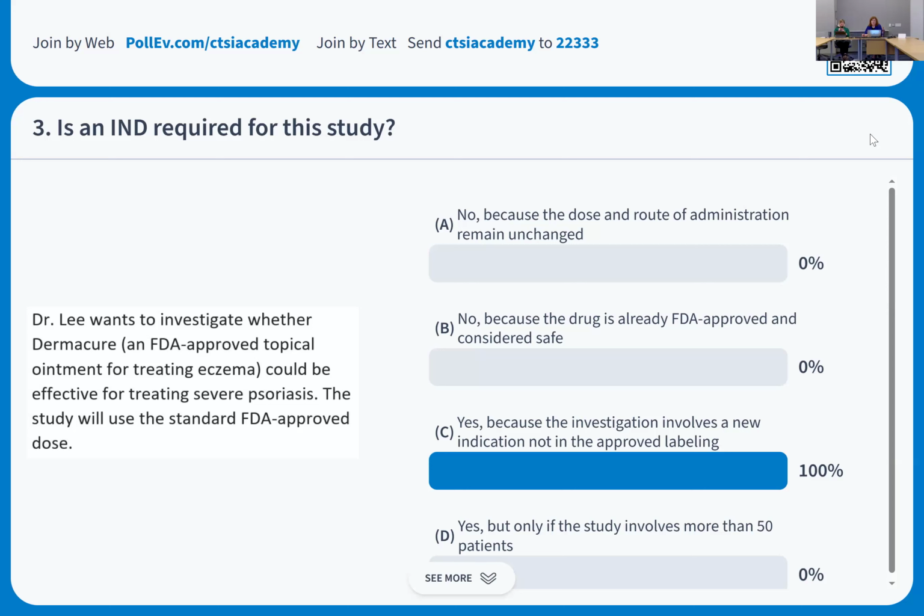So we've got 100% saying yes, because the investigation involves a new indication, not in the approved labeling. And generally, for the purposes of this poll, I would agree with you 100%. If it was an investigator asking me, I'd want a little bit more detail to make sure that it wouldn't be considered exempt for some reason.